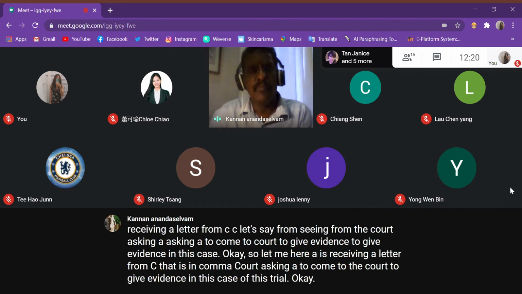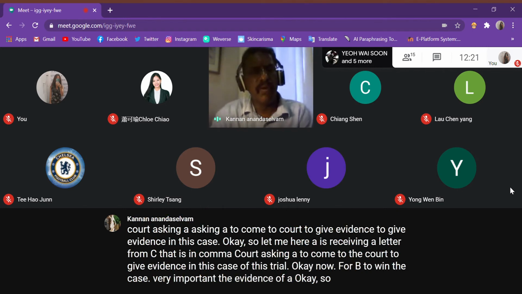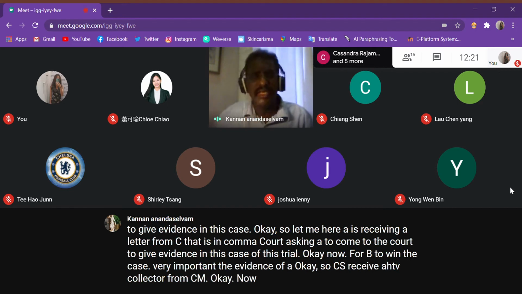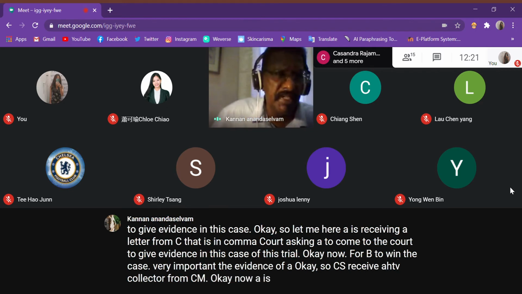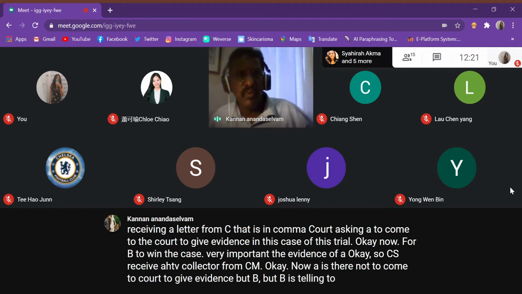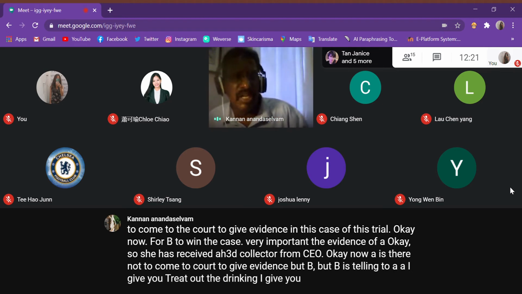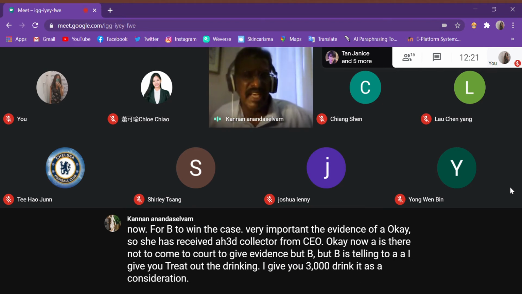Now, for B to win the case, the evidence of A is very important. A doesn't want to come to court to give evidence, but B tells A, hey, I give you 3,000 ringgit as a consideration.